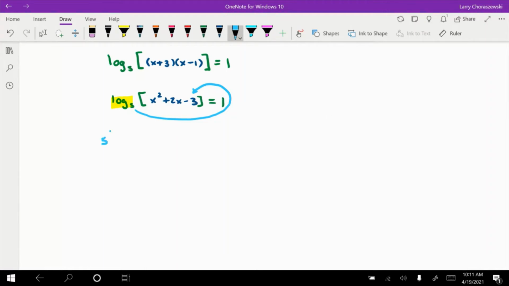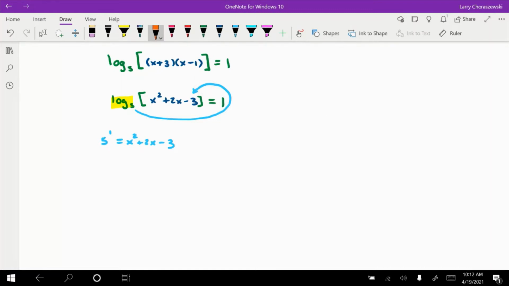This will become 5 to the power of 1 equals x squared plus 2x minus 3. So if we want to make reference to those exponential equations, this is akin to the log loop method.